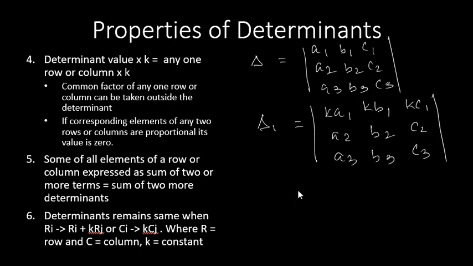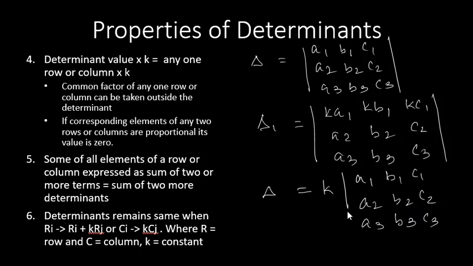In that case, this determinant is nothing but we can take k outside the determinant: A1, B1, C1, A2, B2, C2, A3, B3, C3. Do you understand? So this is equal to k times the previous determinant.